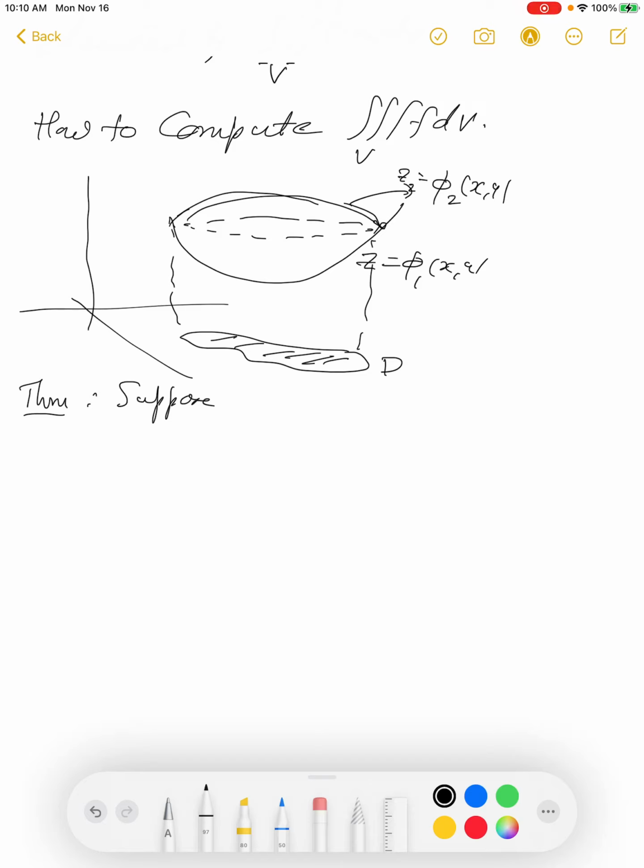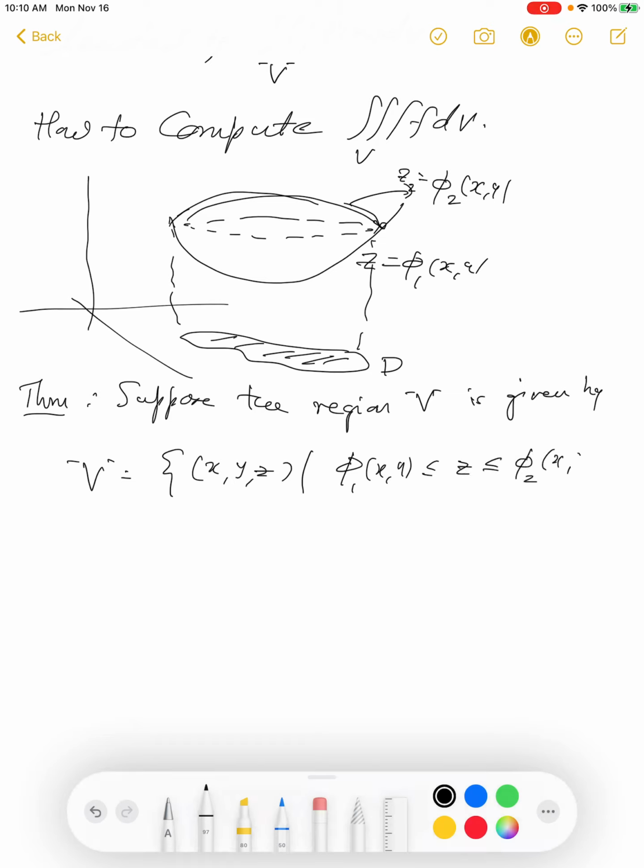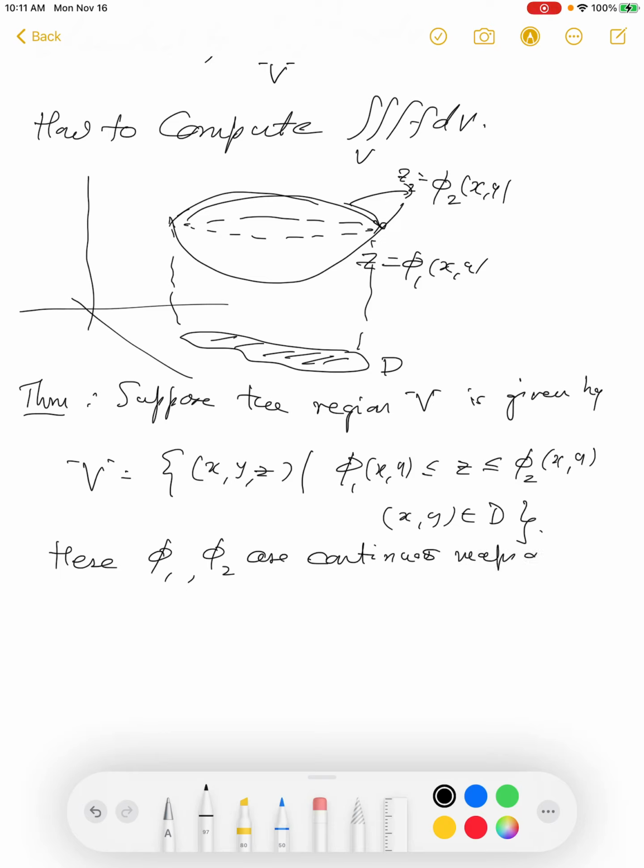Suppose the region V is given by V equal to the set of (x,y,z) such that z is lying between phi1(x,y) and phi2(x,y), and (x,y) vary over D. Here phi1 and phi2 are continuous functions of two variables, continuous maps on D. D is the projection of V on the xy plane.